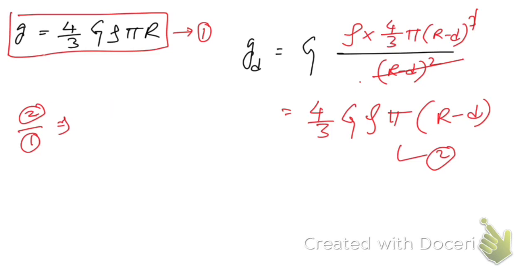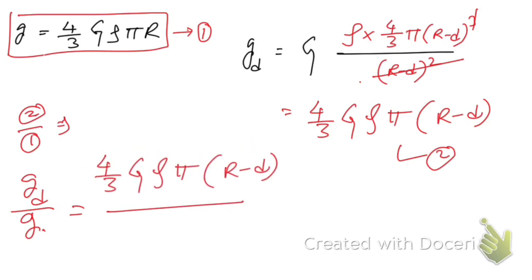So we're going to have gd divided by g is equal to, now let's put the value of g. This is gd. Now the value of g is this. Let me copy this. Here is the value of g.